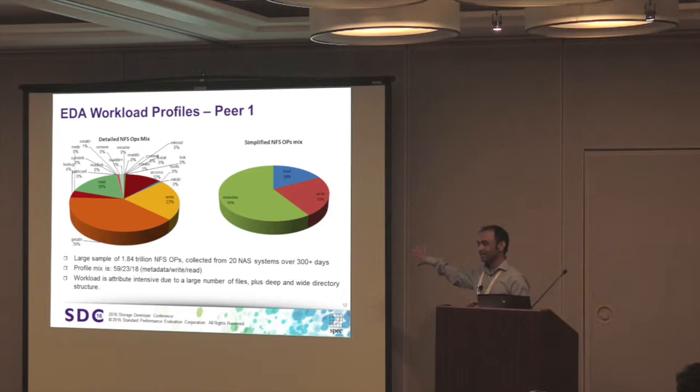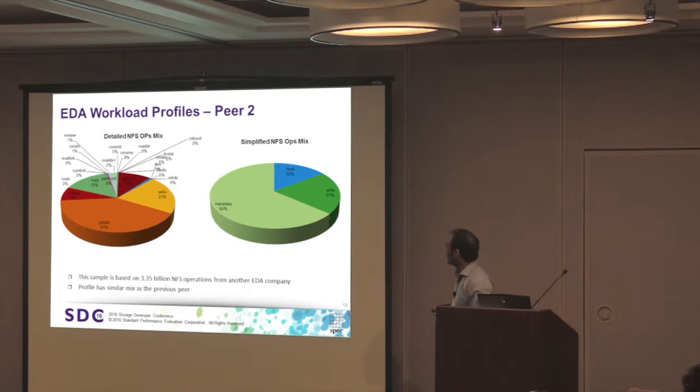That's one EDA customer. Then I said, okay, let me rinse and repeat this exercise for over a dozen EDA customers, because essentially they're all going through the same flow, right? So I did exactly that. Here's peer 2, another customer: 41% getattr, 21% writes, 11% access, 8% lookup, so on and so forth.